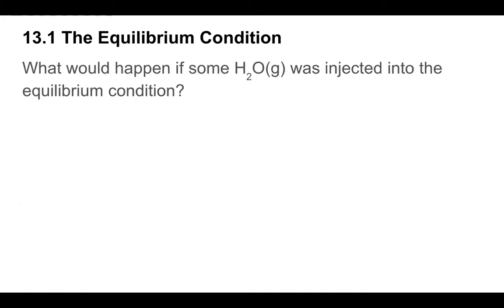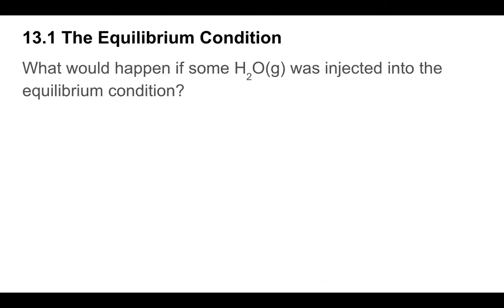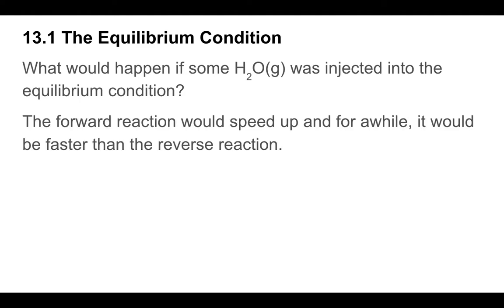So let's think about this system with the water and the carbon monoxide and the hydrogen and the carbon dioxide. Let's say we had the system at equilibrium and we've got the reaction going in both directions at the same rate, and then we inject some water vapor. So for a short period of time, that would speed up the forward reaction because now we've increased the concentration of a reactant.